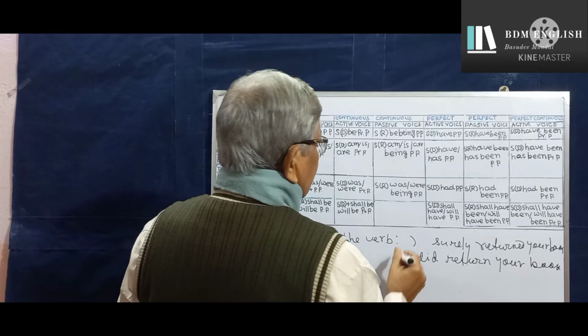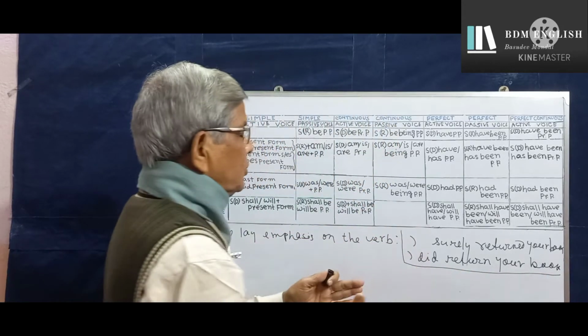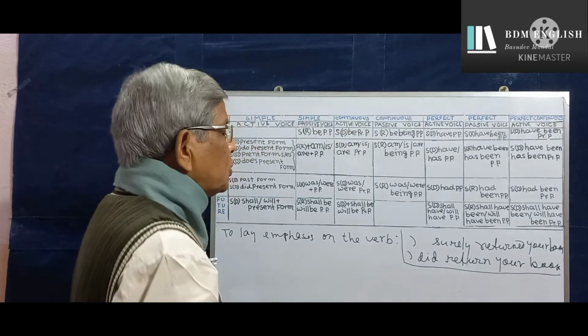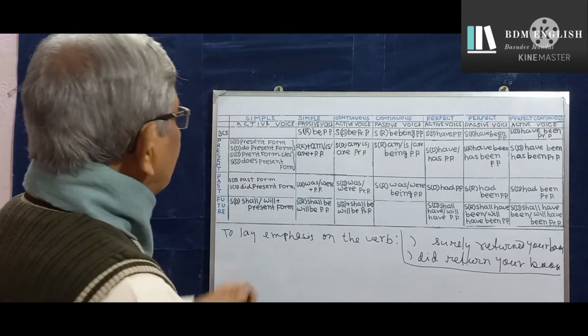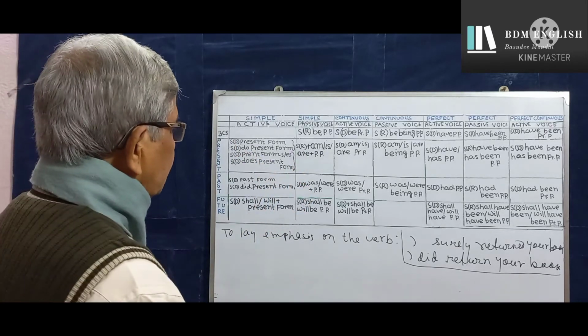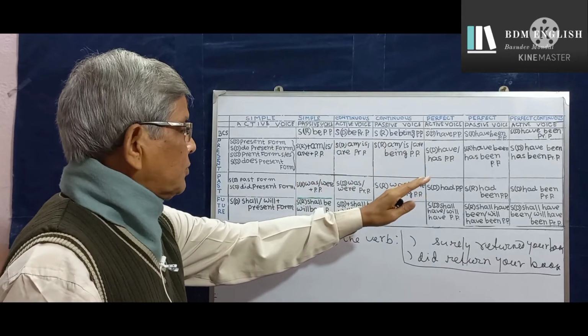Now, if we want to change the voice of such sentences from active to passive, what should we do? The passive form is always fixed. There is no alternative structure. We cannot change the structure of any of the voice-tense combinations.